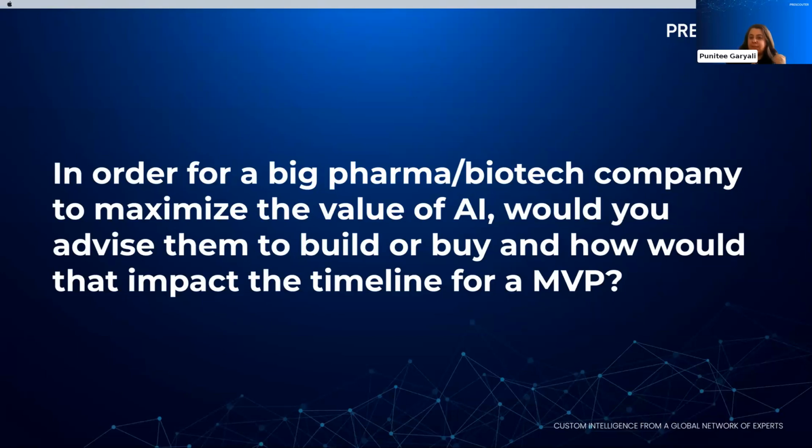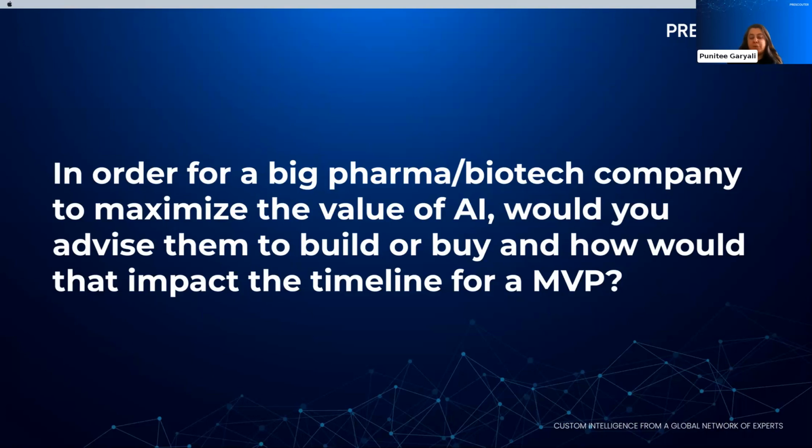We need to know what the data input was. We need to know what it was trained on. Everything is important because, like we had a discussion about earlier, we don't want AI to introduce a bias. So if you don't know how that was built, we don't know if we can trust the output.